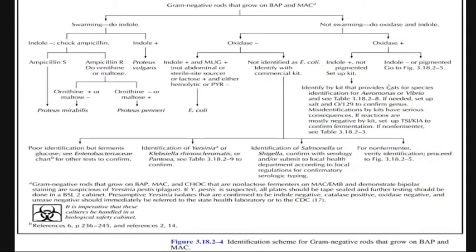So this is a diagram on how to work up. This is actually taken from the Clinical Microbiology Procedures. A gram-negative bacterium that grows on BAP and MAC, blood agar plate and MacConkey agar. On blood agar plate, there's no swarming. Perform oxidase testing.